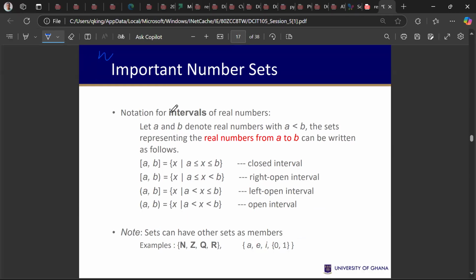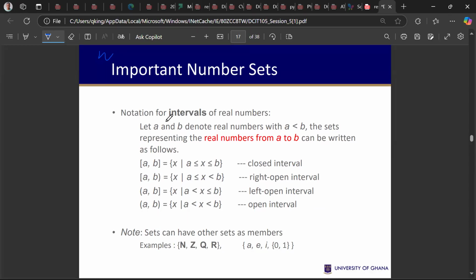Moving on to the important number sets, we want to look at the notation for intervals of real numbers. This interval notation provides a shorthand way to represent ranges of real numbers.